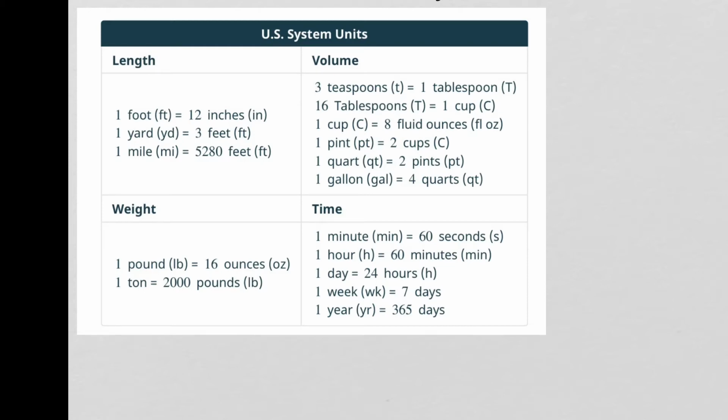Okay, so how do we change units, changing from one unit to another? Let's say, again, let's focus on length here. Well, what we do is we have to multiply by what's called a unit conversion factor. So let me write that down here.